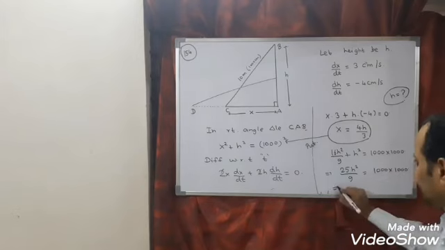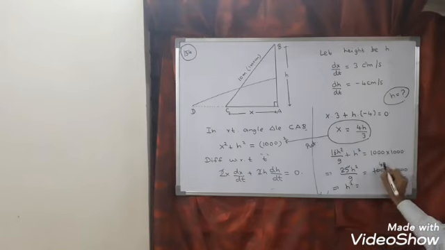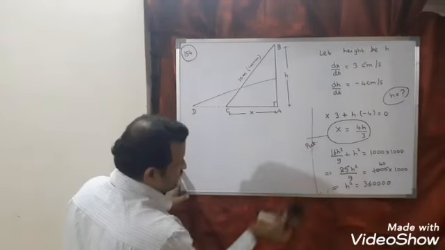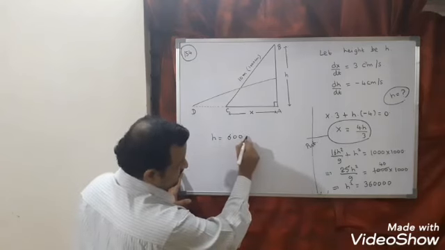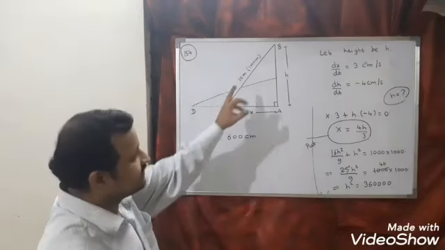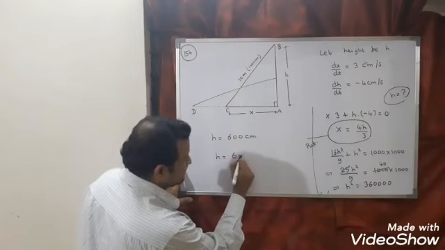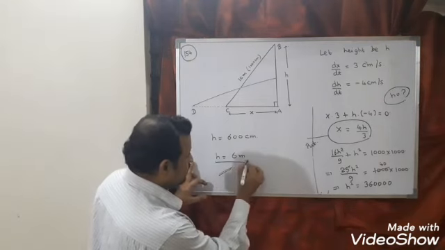So what is h square? 25 goes to 4 into 9, so you get 36 and 4 zeros. This is h square. So what is h? Take the square root of that, you will get 600. And this is in centimeter, because I converted meter into centimeter. But the options are given in terms of meter. So h is equal to 6 meter. I think this is not given in the 4 options, but the correct answer is h is equal to 6 meter.